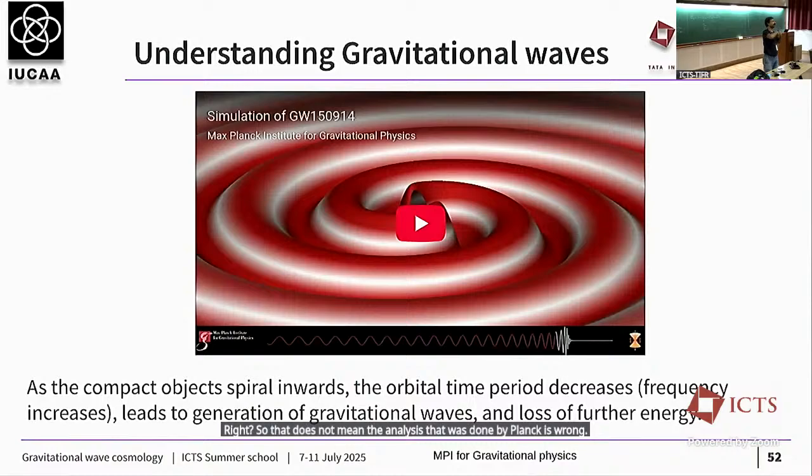It's just that the model they use to interpret those observations is wrong, and that can give you a different answer for the expansion history. That's the reason why these measurements are so important. You want to do the local measurements really, really well and really precisely in order to see whether the cosmological model itself is breaking, or whether it is just some systematics that we are stuck with.